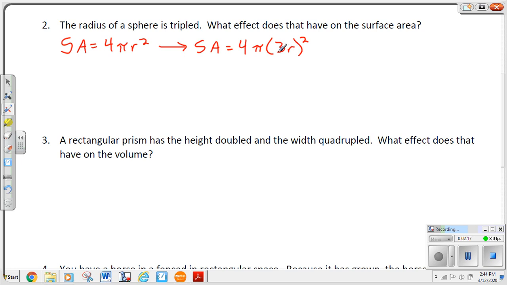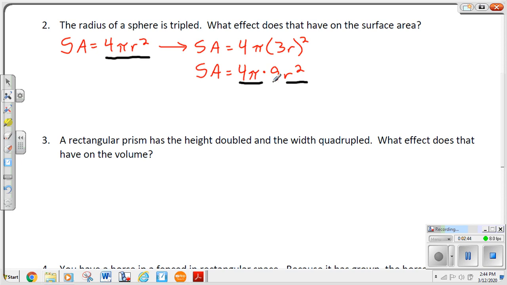Now this change is inside an exponent, so we have to apply the exponent. Squaring 3r, you square the 3 and square the r. 3 squared is 9, r squared is r squared. Now, we need to find 4 pi r squared.